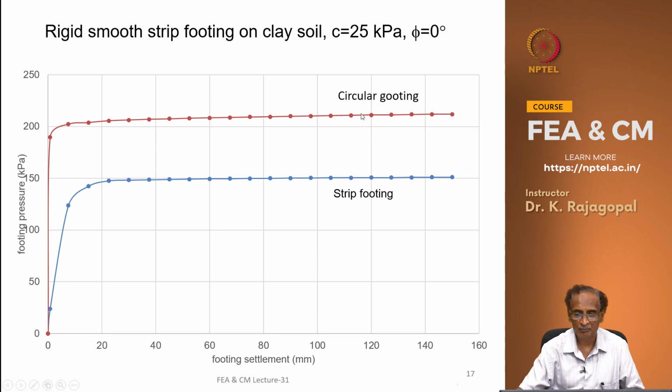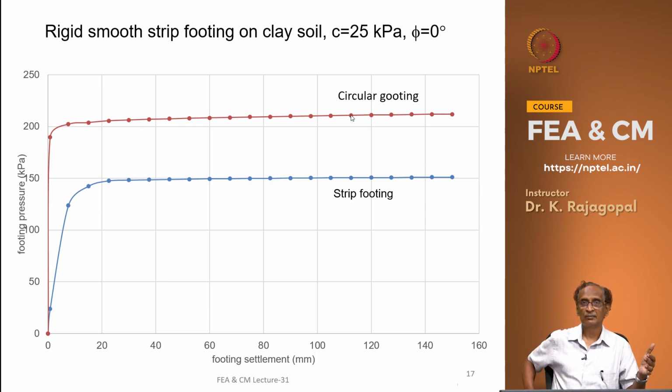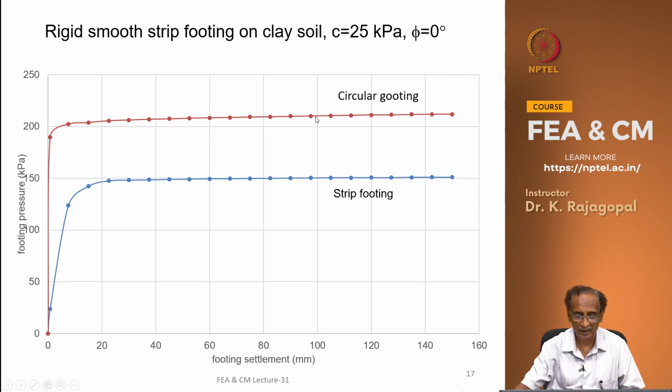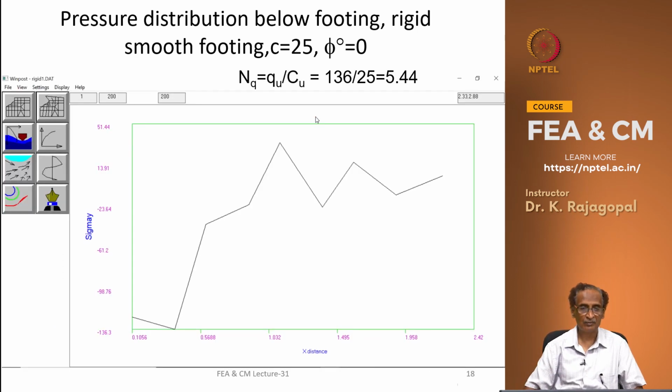So, if you see here, this is the bearing pressure graph for a circular footing for the same properties of c of 25 and phi of 0. It has reached an ultimate pressure of about 210. So, your Nc factor is more, because of the shape factor of about 1.3 for a circular footing, because of the higher bearing pressure that you get from this three-dimensional load distribution.